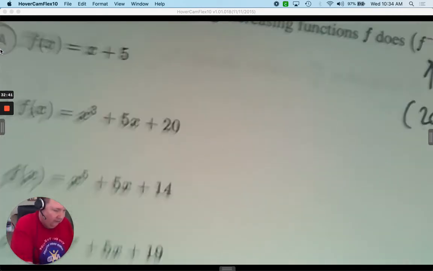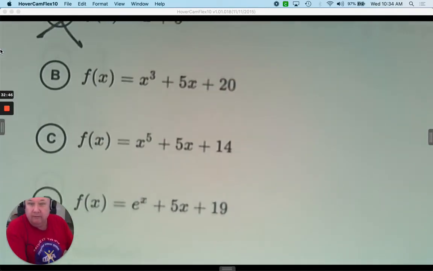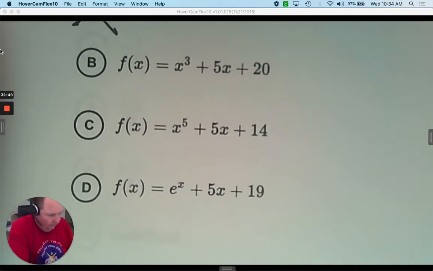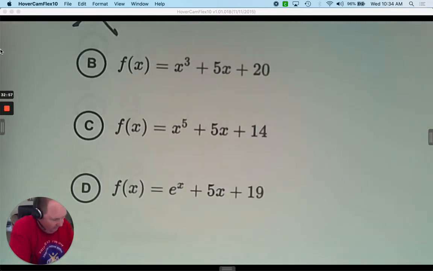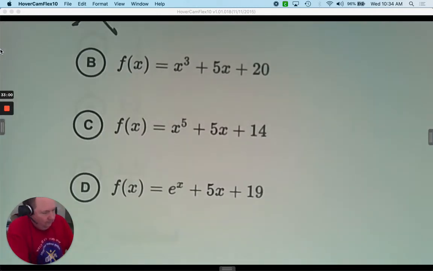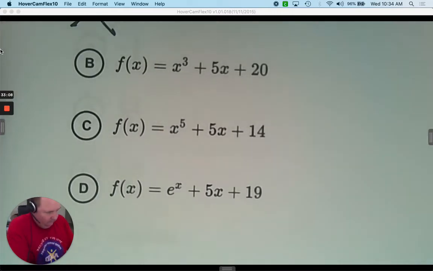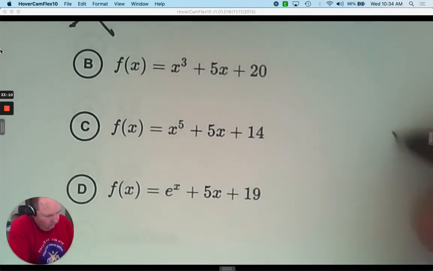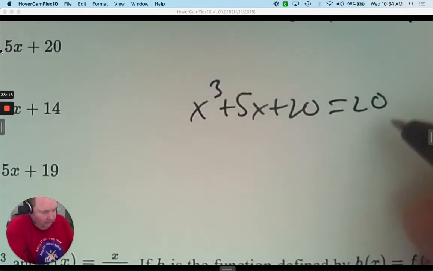When I look here, it can't be A, because the derivative would equal 1. So if I make it equal to 20, which one would give me a derivative that could equal 5? I'm going to go for it. I'm going to make this one equal to 20.